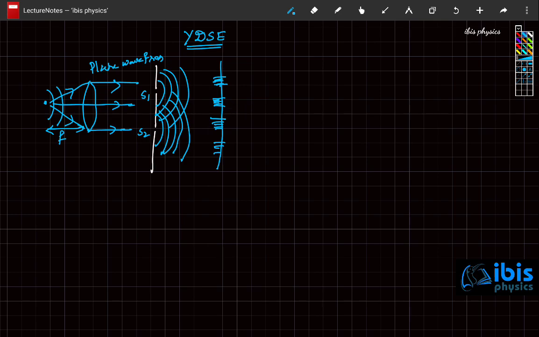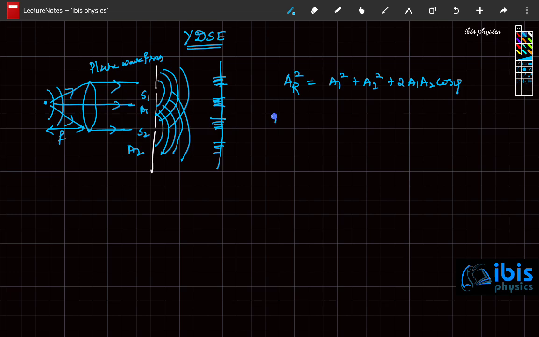We usually find the intensity and amplitude of the interfering waves using a formula. Suppose we have light of amplitude A1 and light of amplitude A2. The resultant amplitude squared is equal to A1 squared plus A2 squared plus 2 A1 A2 cos phi. This is how we find the resultant amplitude.